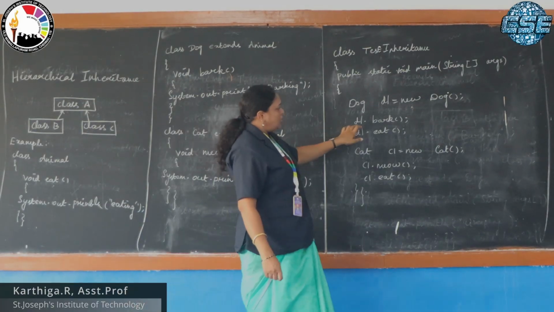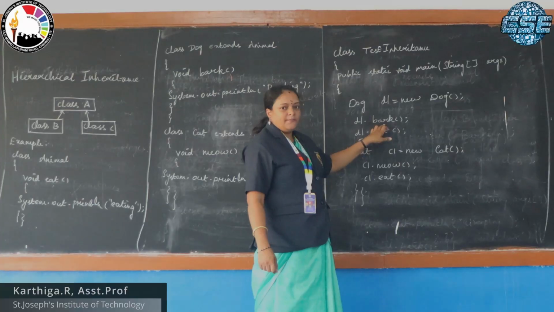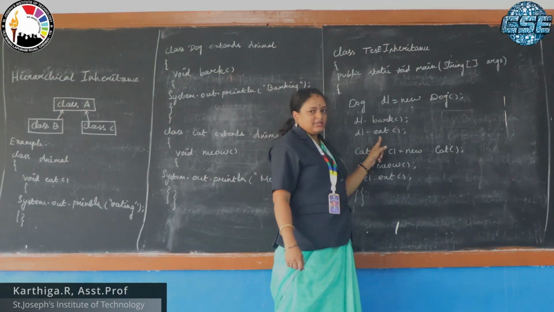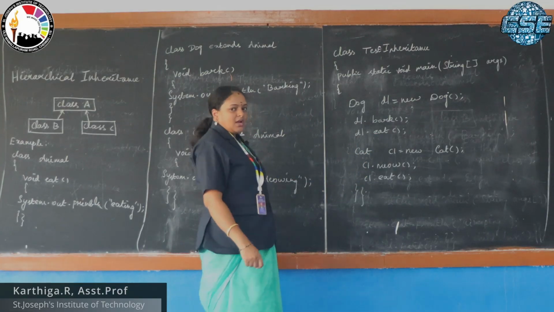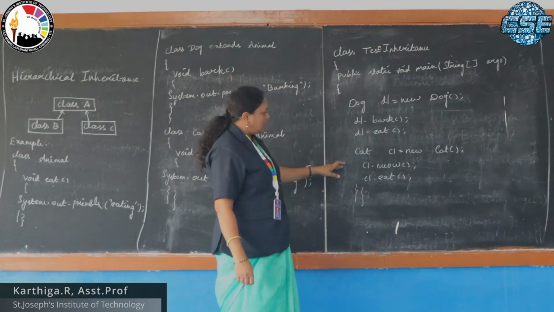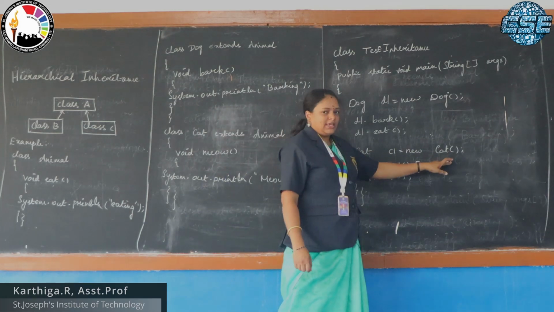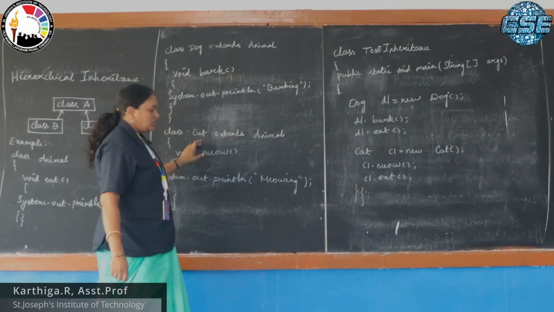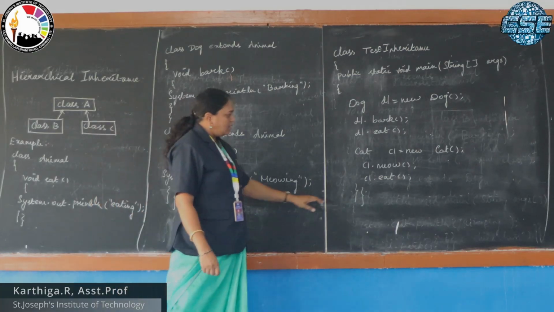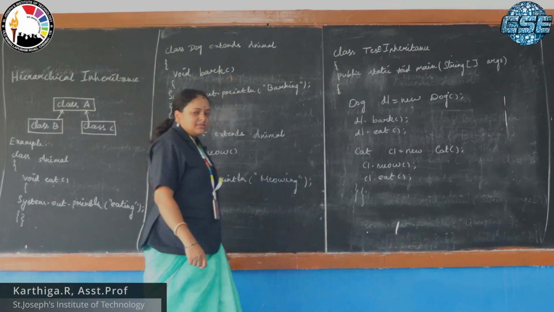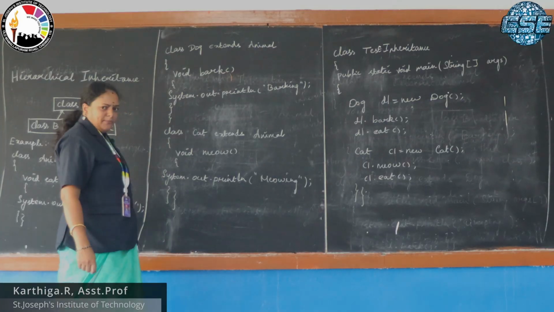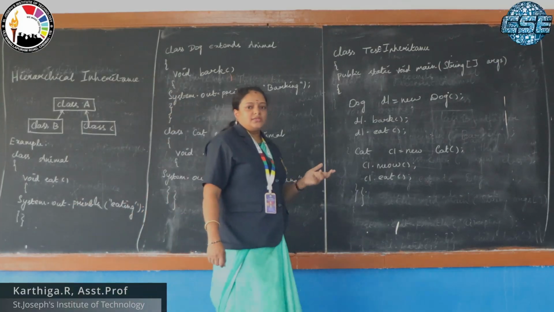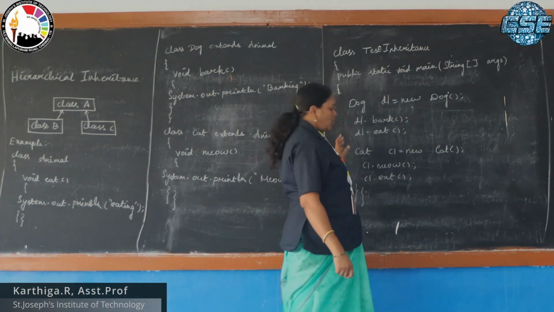So here d1.bark, bark is inside the child class Dog, and here d1.eat, eat is present inside the parent class Animal. Likewise, here Cat c1 equal to new Cat. Here c1.mew, mew is present inside the child class Cat, and here c1.eat, the eat method is present inside the parent class. So here the parent data members and methods are accessed by both children.